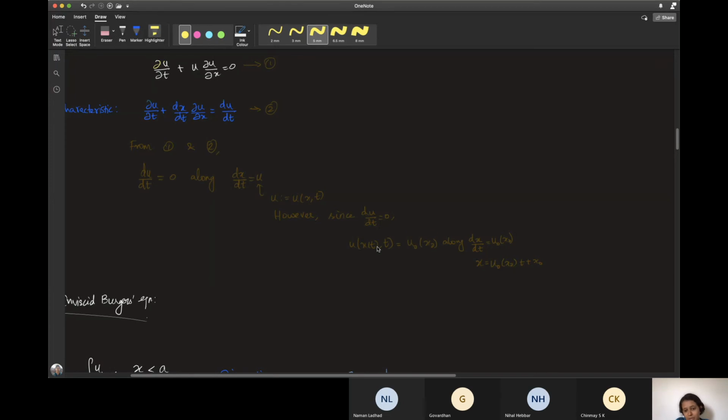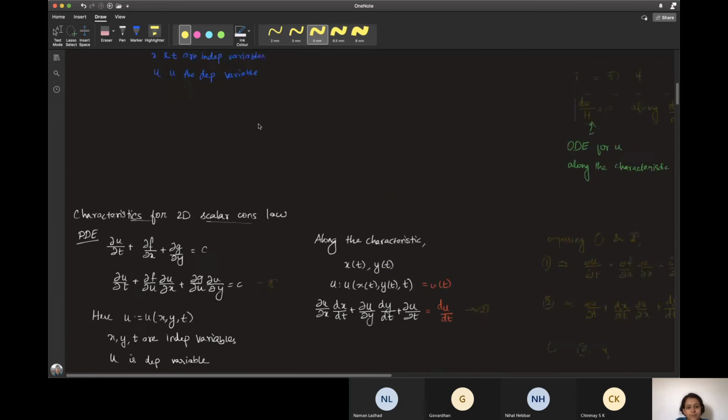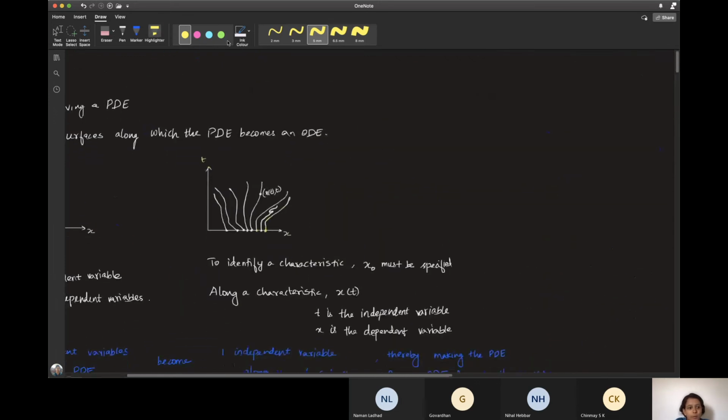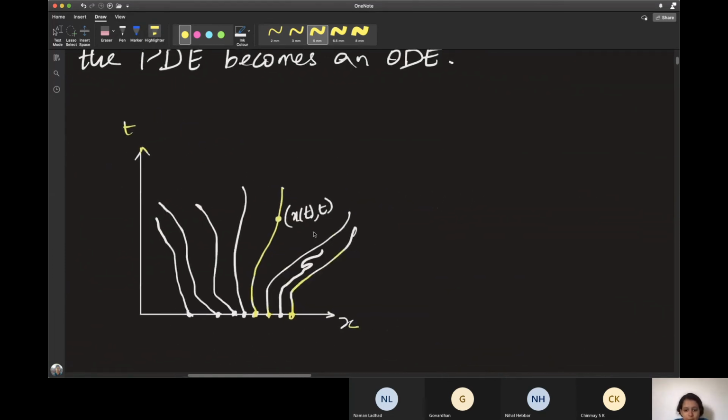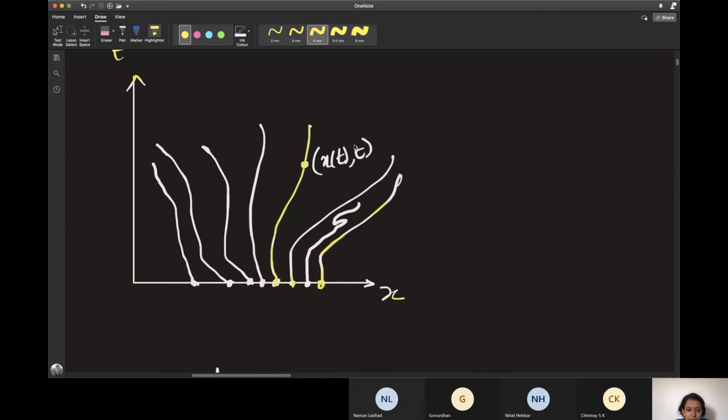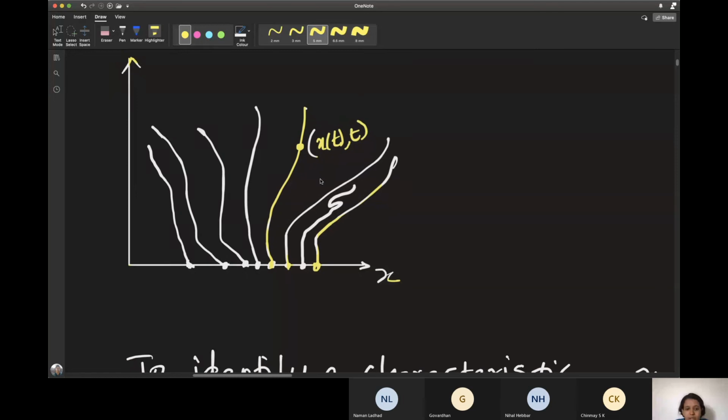That is, we identified a characteristic earlier. So let's just look at this characteristic alone. At this point we have x of t comma t.